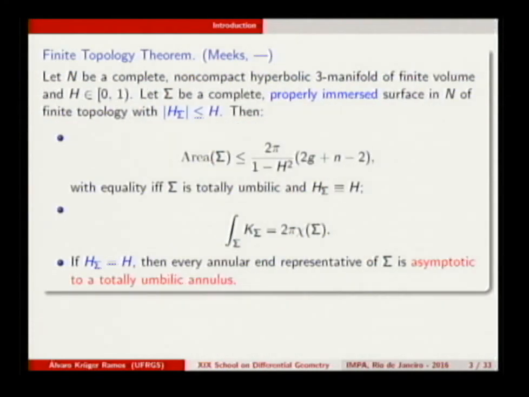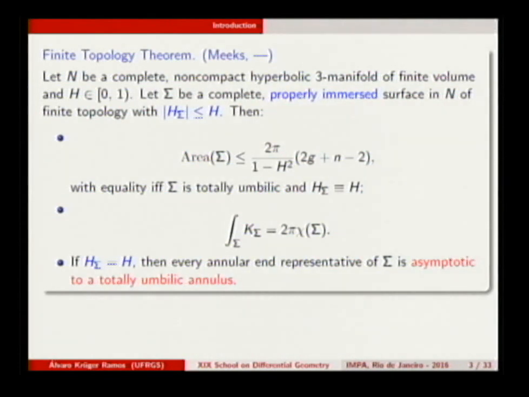The focus of the talk today is the second theorem, the finite topology theorem, whose statement Bill presented in his talk Monday. It says: in the setting of a complete non-compact hyperbolic manifold of finite volume, fix any h less than 1, and look at properly immersed surfaces with finite topology and mean curvature bounded by this constant h.